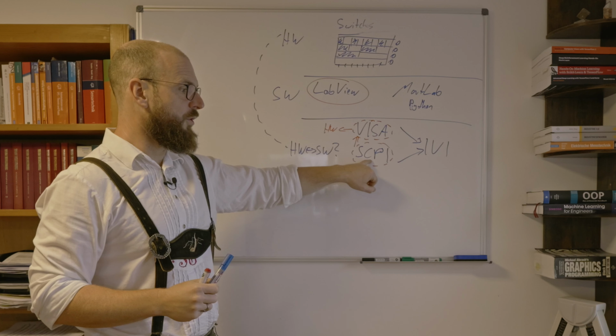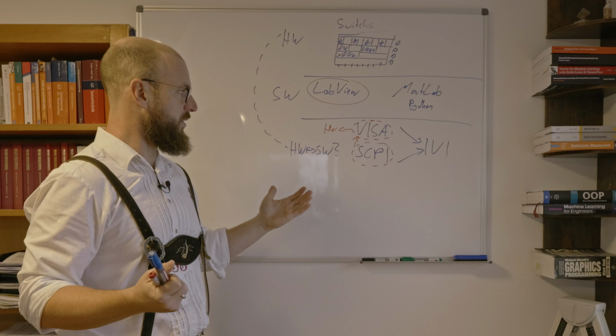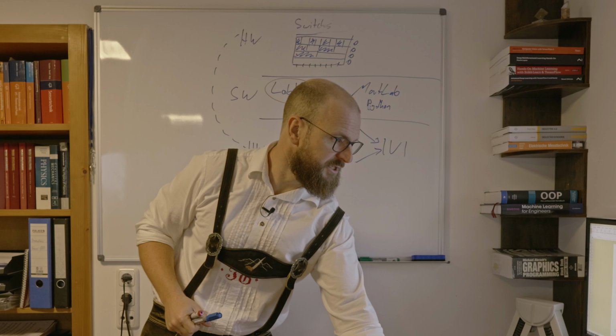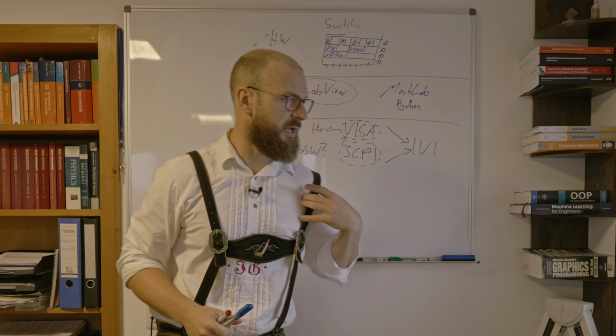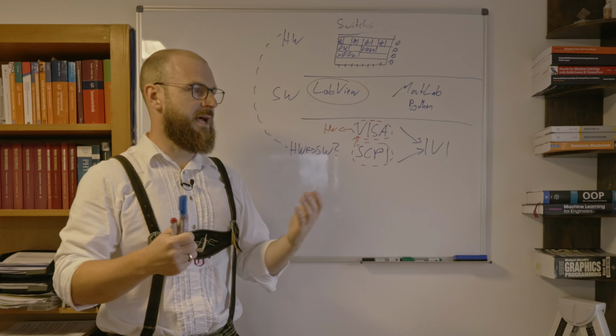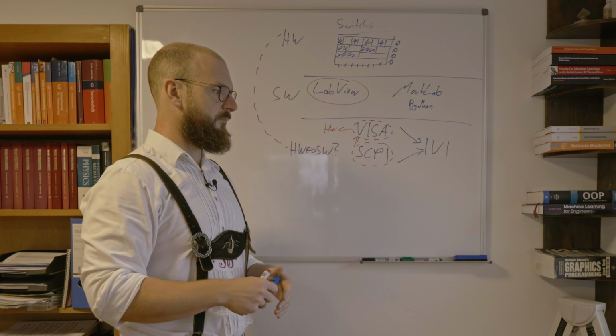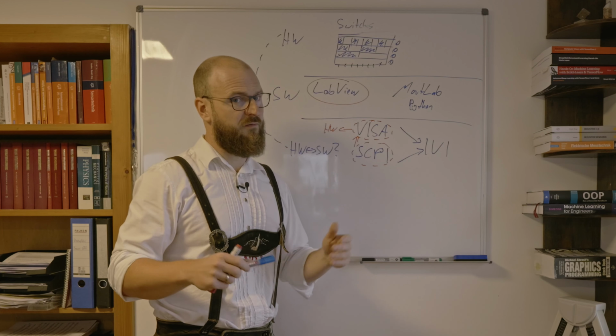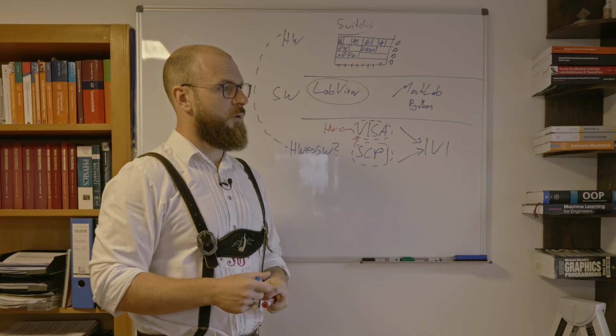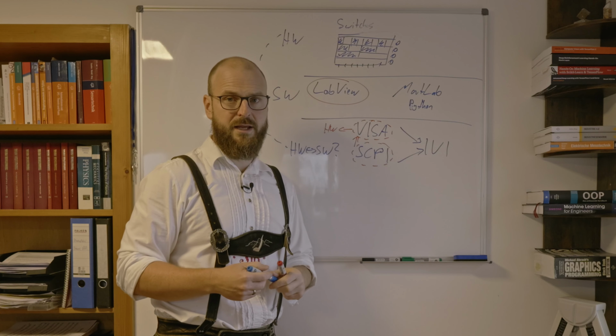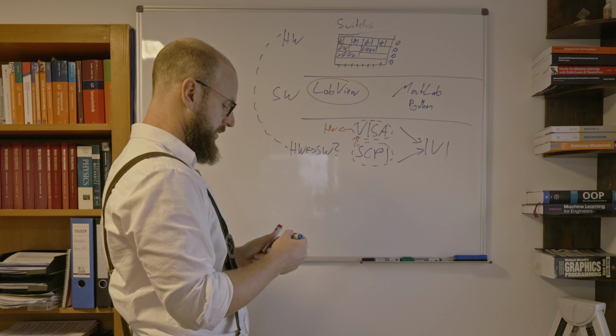The thing you would deal with mostly is SCPI, which is a simple language which lets you set up, for example, the output voltage of a voltage source, or which lets you collect the data of an oscilloscope and so on.